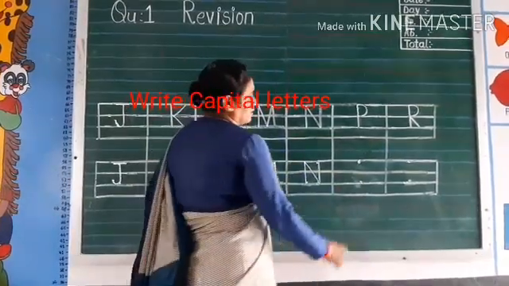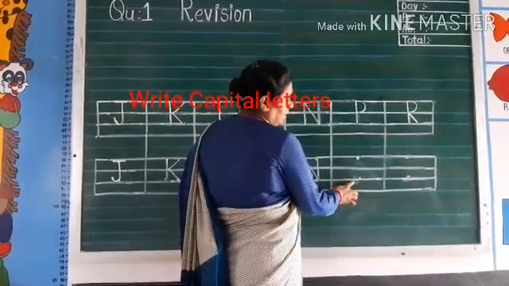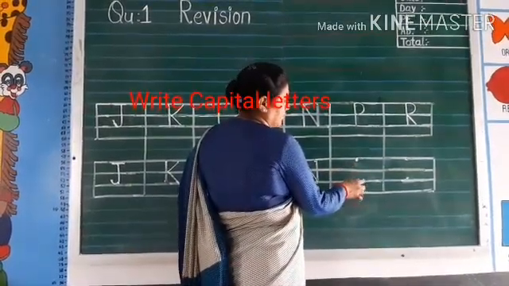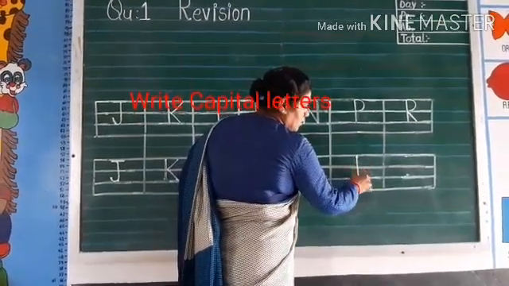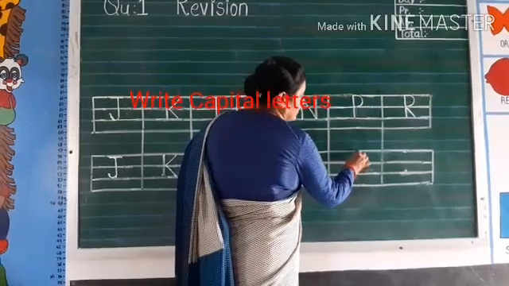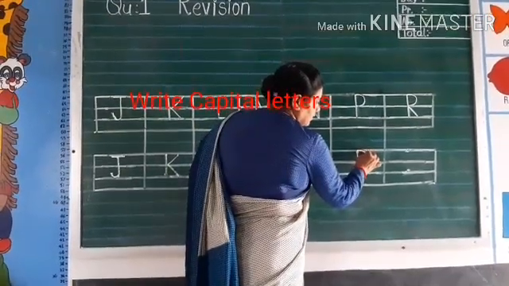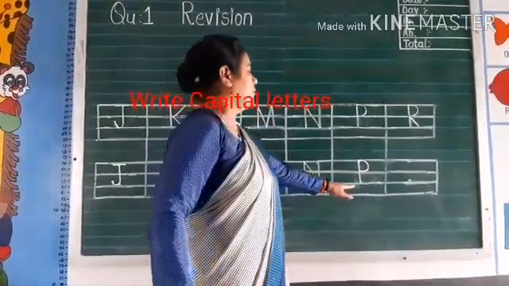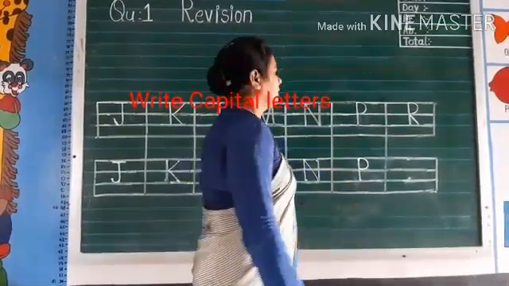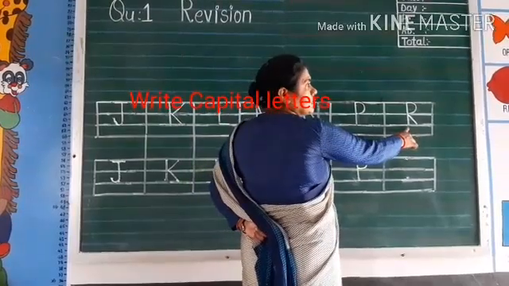Next, which letter is this? P. How to write capital letter P? Here 2 dots are given. First, up to down, join the dots, make a standing line and little curve. This way you have to write capital letter P. Which letter is this?